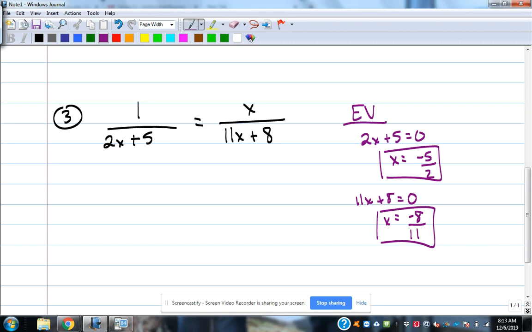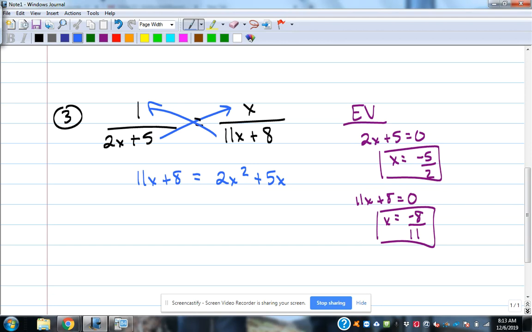And now it's one fraction equal to one fraction. So the quick way to do it, cross multiply. So 1 times 11x plus 8 is 11x plus 8. x times 2x plus 5. All right. So it has an x squared in it. So what's that mean?